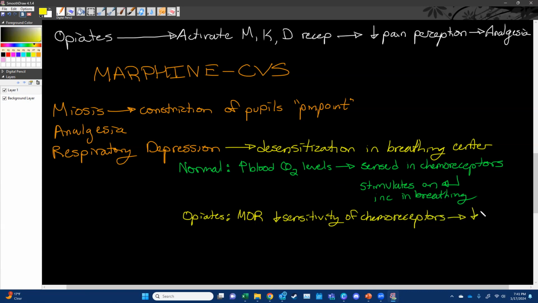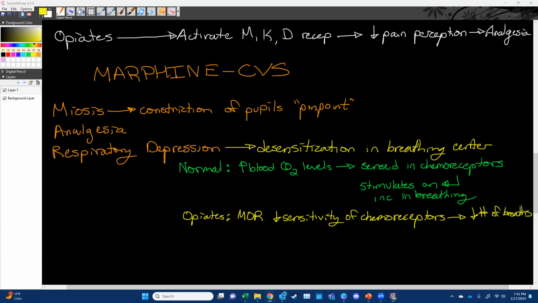This decreases the number of breaths, and then someone suffocates. It doesn't turn off breathing. It causes the brain to become so insensitive to the fact that we need to breathe that you're taking a breath once every 10 minutes. That's what the brain decides: oh, I don't need to take a breath for another 10 minutes. And then, of course, the person dies.